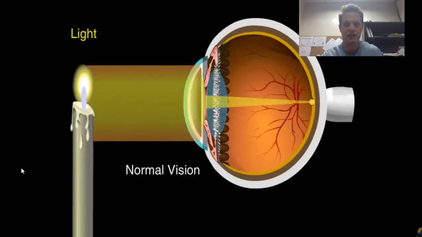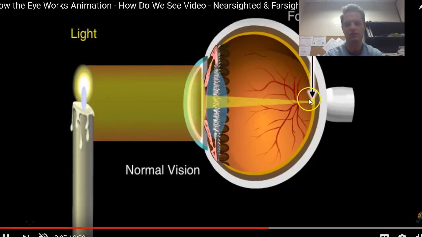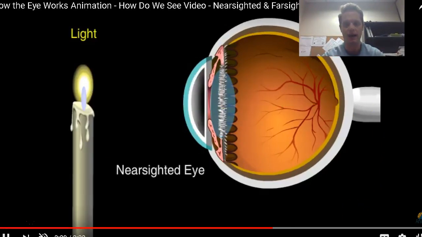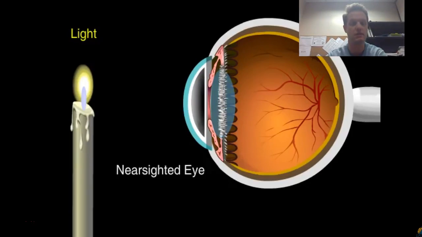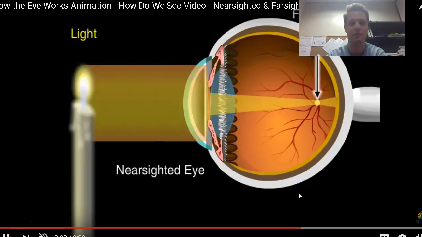The shape of your eye is really, really important. In normal vision, the light rays focus on a focal point at the back of your eye. Now, if you have a nearsighted eye, that means your eye is too long. The light rays travel into your eye, but won't hit exactly at the back of your eye.